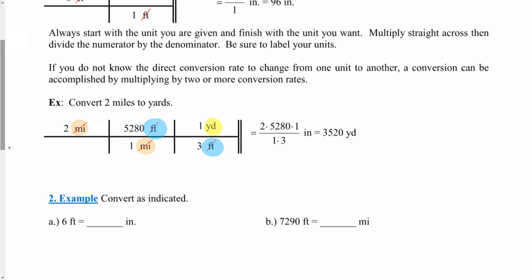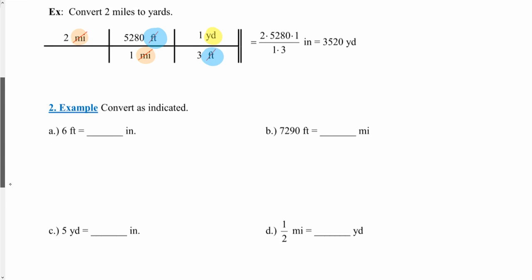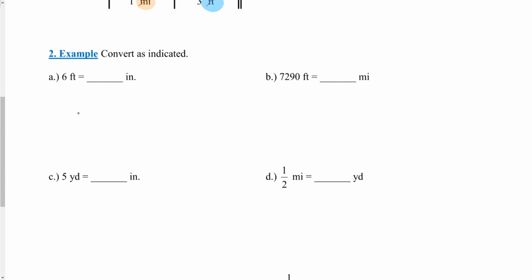Okay, let's do some now here together that aren't worked out ahead of time. For instance, if I want to change 6 feet into inches, I'll start with 6 feet. We'll do this one with the rectangles, I guess. Or it's the same thing as if you were to just write 6 feet over 1, times something.